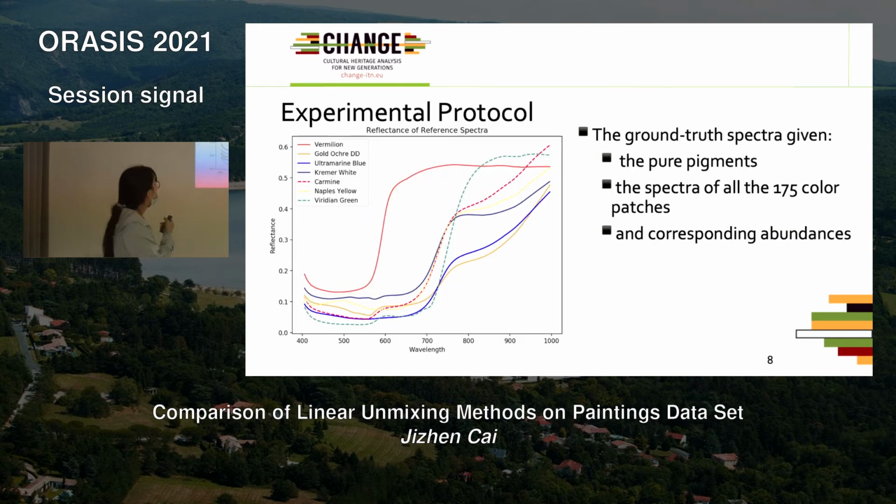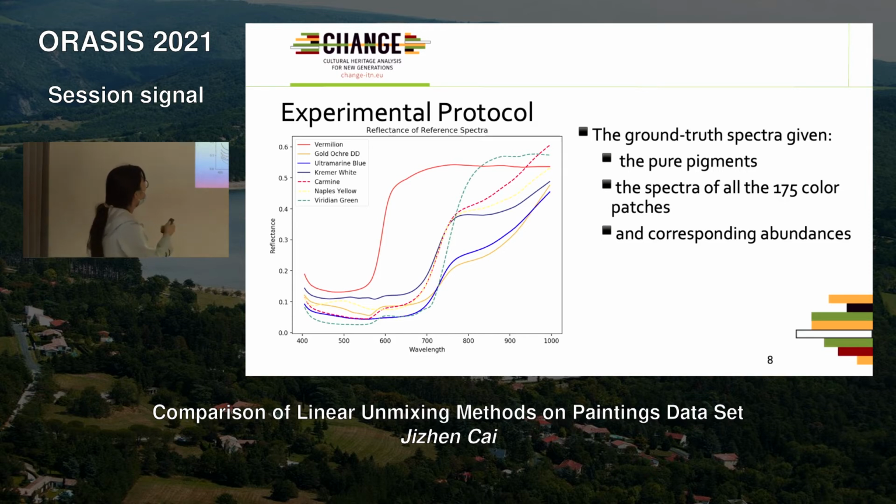Here we show the 7 pigments concerned. Here you can see that the horizontal axis is the wavelength from 400 nanometers to 1000 nanometers, and the vertical one is the reflectance.